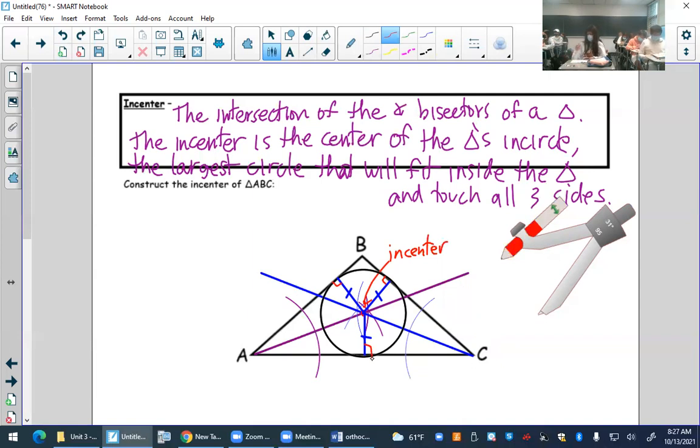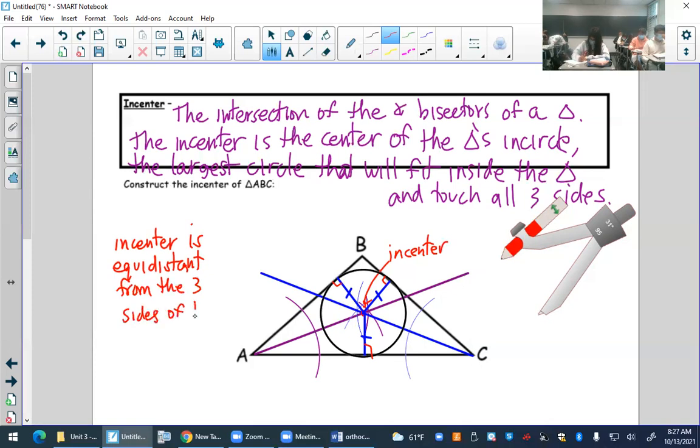So I'm just showing you that the incenter is equidistant from the three sides of a triangle.